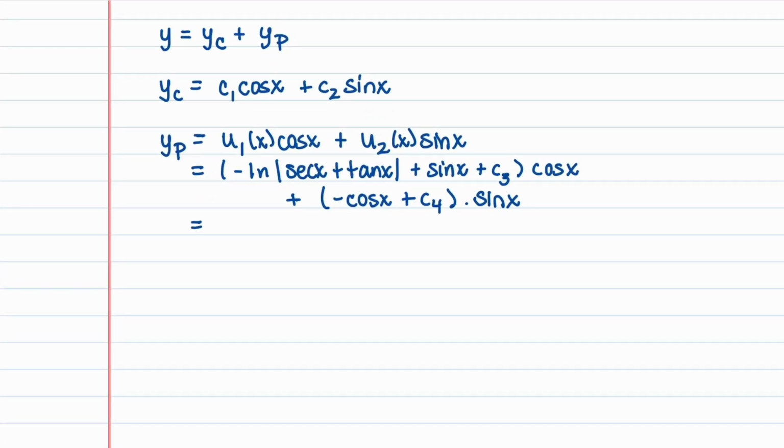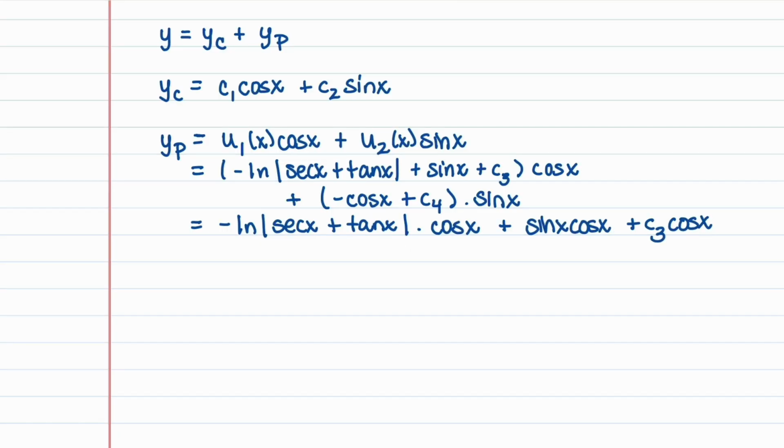Let's go ahead and multiply everything out here because some things are going to cancel, which is going to be really nice. We have minus natural log secant x plus tangent x times cosine x plus sine x cosine x plus C3 cosine x, and then we have minus cosine x sine x plus C4 sine x.